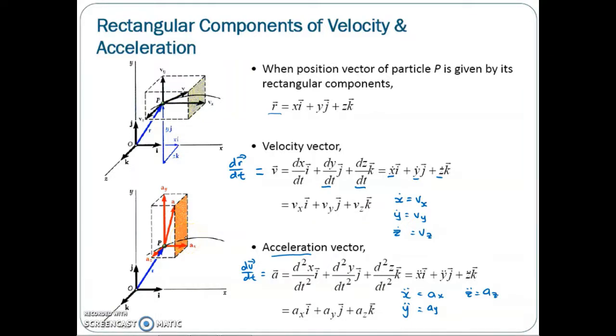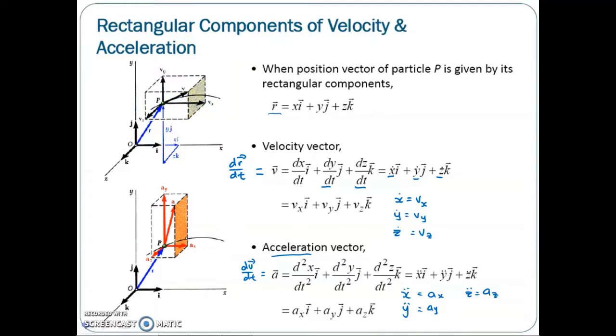The use of these rectangular components to describe the position, velocity, and acceleration of particles is particularly effective when the component ax of the acceleration depends only upon the time t, x, the position, and or the velocity in the x direction. And when similarly our ay, the acceleration in the y direction, depends only upon the time, the position in the y direction, and or the velocity in the y direction.